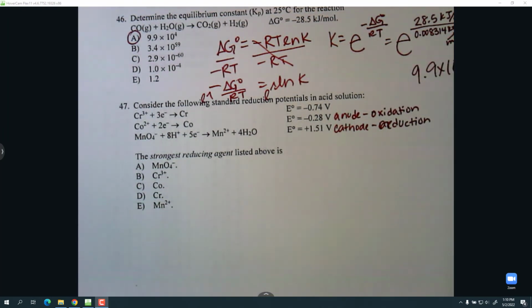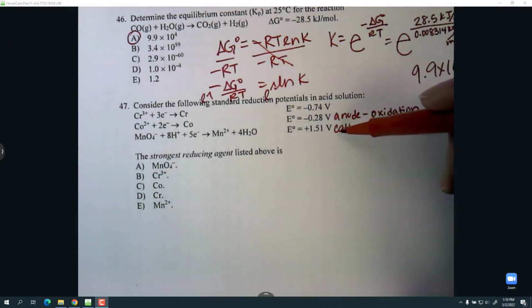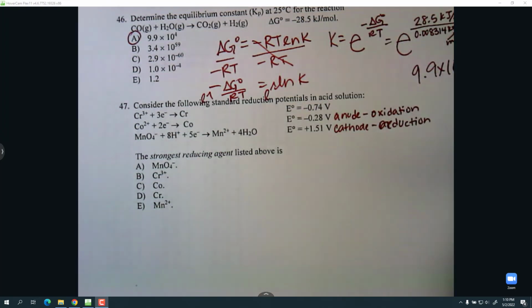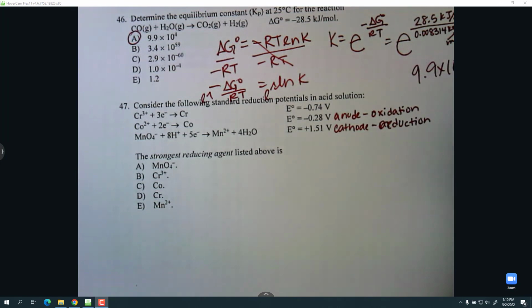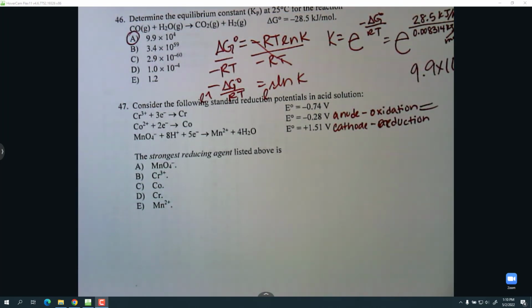We're talking about strongest reducing agent, which would be the most likely to be the anode or the oxidation. Reducing agent means when it's oxidized, it causes something to be reduced. It is causing the reduction, so it actually would be the oxidation.